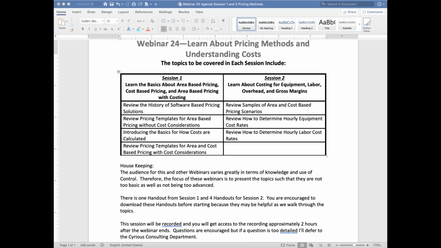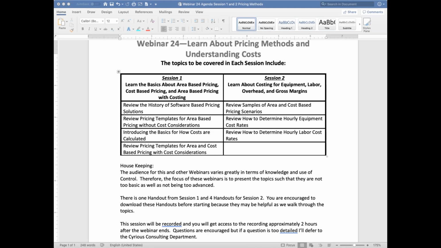Today, we're going to look at some examples of estimates that I've created in Control. We'll look at them very quickly, and then we'll look at the results of those estimates in handouts that I have that you should be able to download, and I would encourage you to do that.